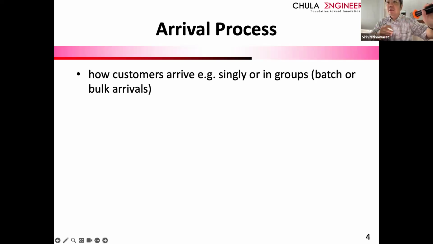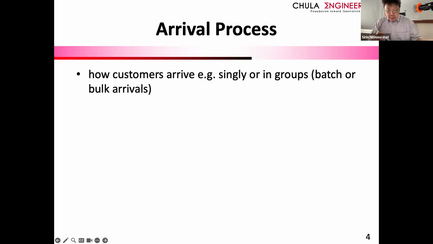What type of place would have bulk arrival? In which place do you rarely see customers coming individually? Yeah, something like a theme park, they come in families. Theater? Maybe, but many people go to the theater alone. I would say you can contrast it to something like a cafe, where many people will go alone.